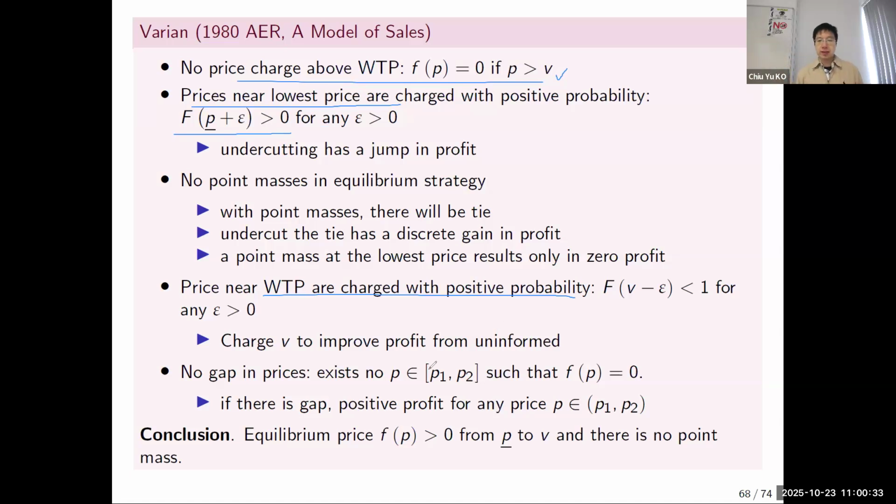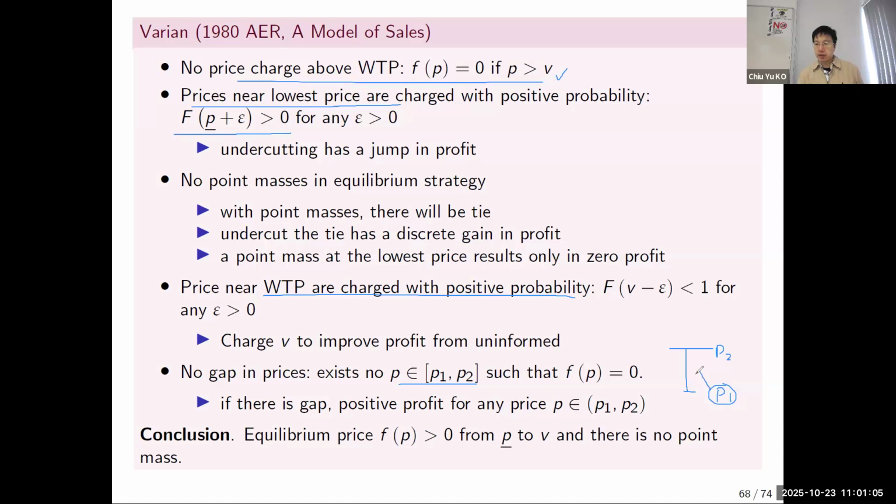And similarly, if there's a gap there, if you are below the gap, you can charge higher. If there's some gap between P1 and P2 where no one is charging, so there will be someone below, no one charged here, then why charge this point?